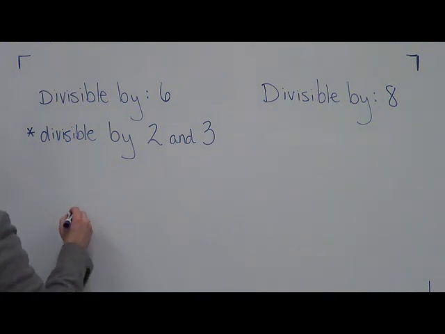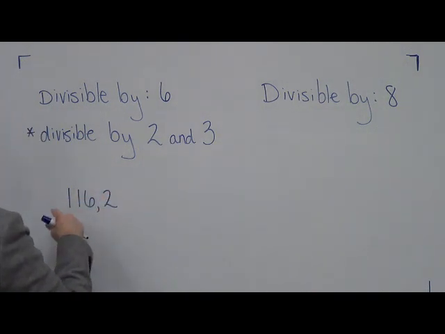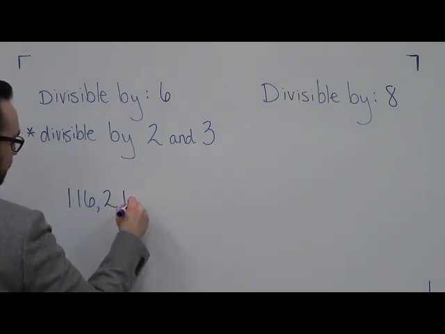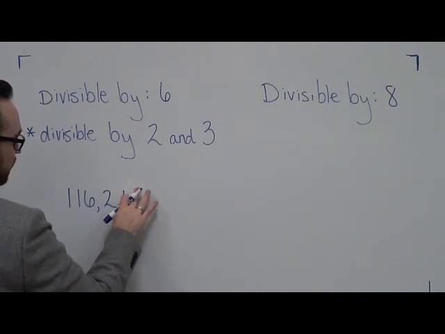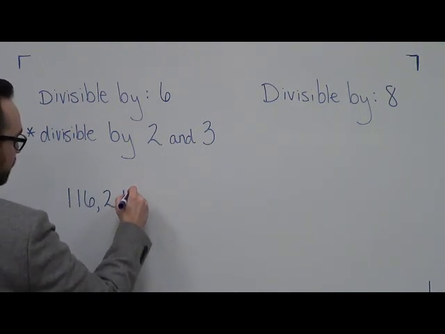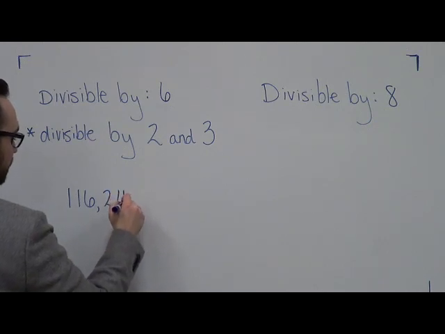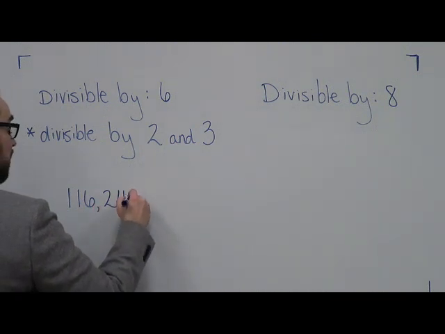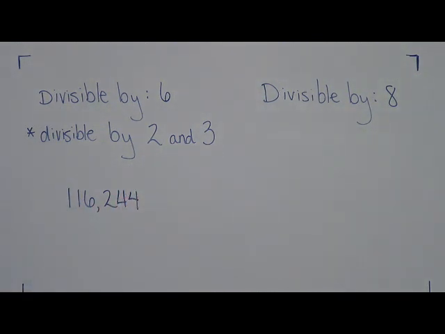So for instance, if I had 116,244, looking at this number, for divisibility by 2, this has to be even.